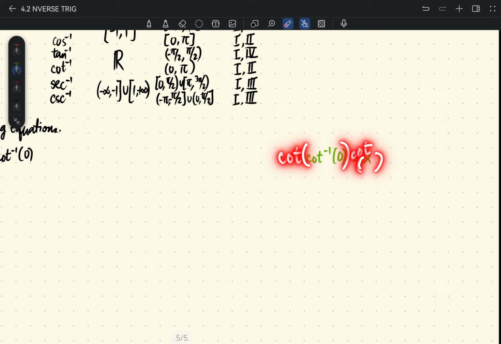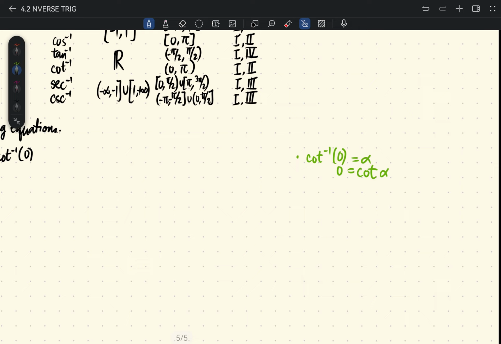So applying the cotangent function, since 0 is in the domain of cotangent, we'll just have 0 on one side and cotangent alpha on the other side. So we have 0 equals cotangent alpha.